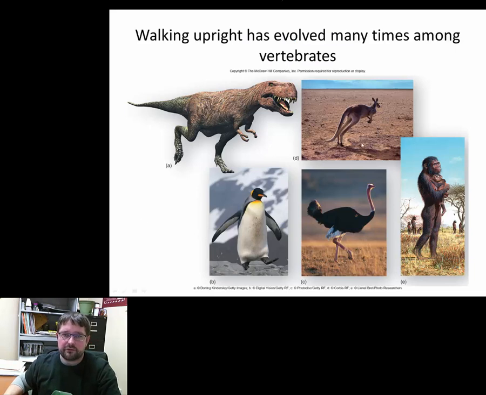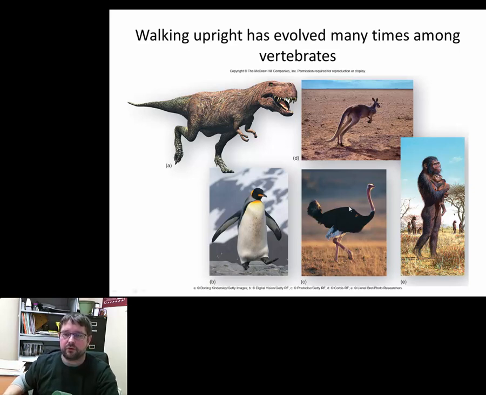So walking upright has evolved many times, and so this is an example of convergent evolution. We're not related to T-Rex or kangaroos or penguins or ostriches. We evolved this separately from our ancestors. Our ancestors were knuckle walkers, and we became bipedal. Now there are advantages.